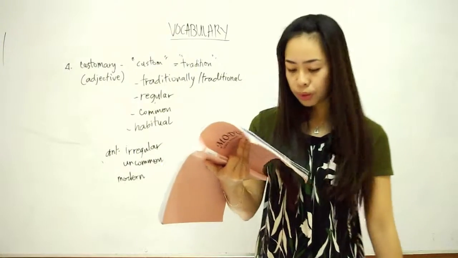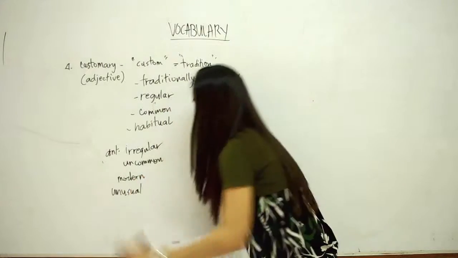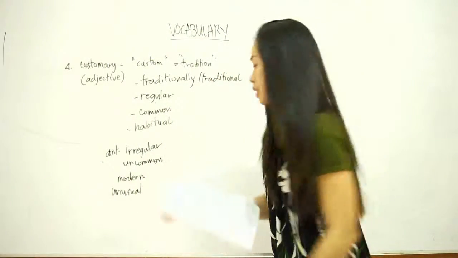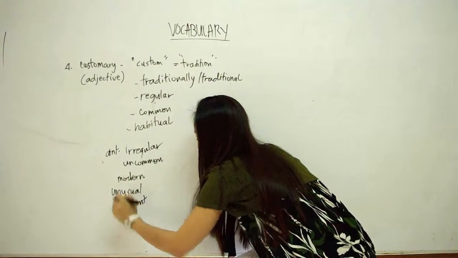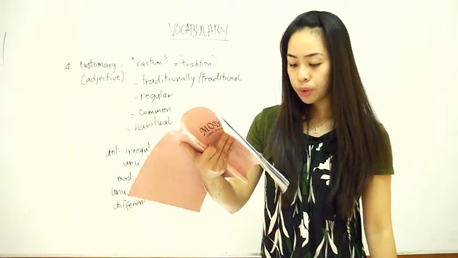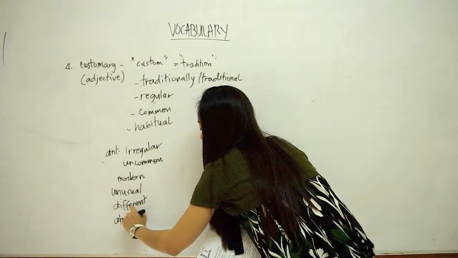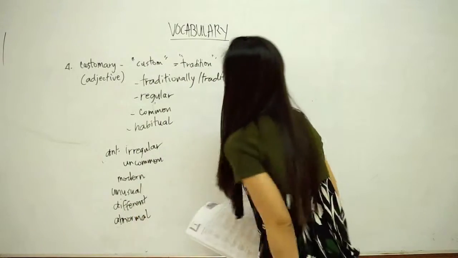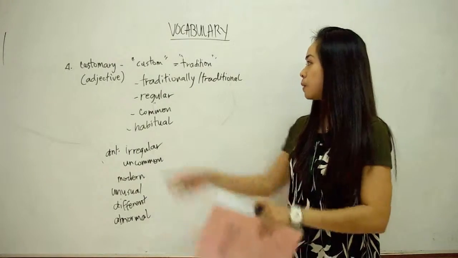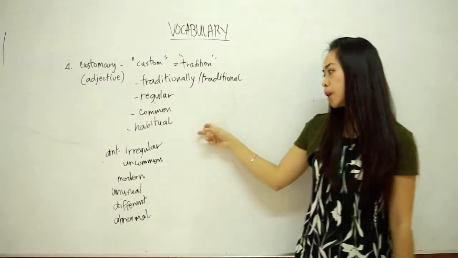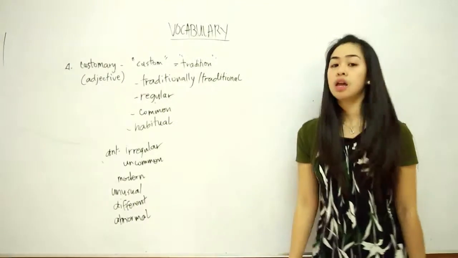We can also call the word unusual, or different. Also, we have the word abnormal. Again, the synonyms for the word customary are traditional, regular, common, habitual. Antonyms are irregular, uncommon, modern, unusual, different, and abnormal.